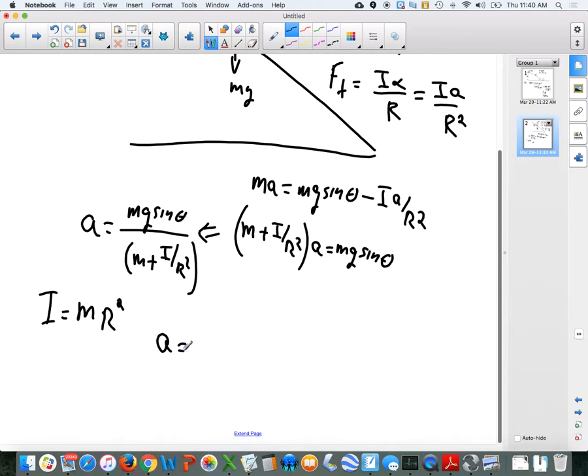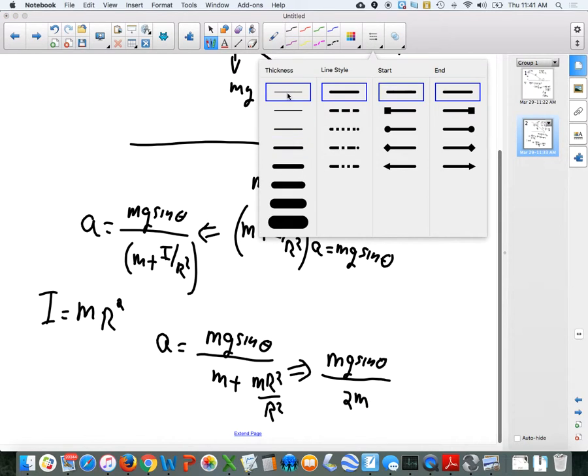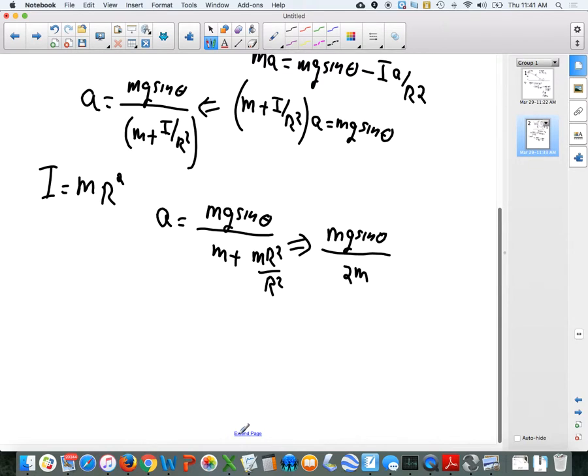That's going to give me a is mg sine theta over m plus mr squared over r squared, which looks like mg sine theta over 2m. Perfect. The m's cancel out, and I'm left with acceleration is g sine theta over 2.